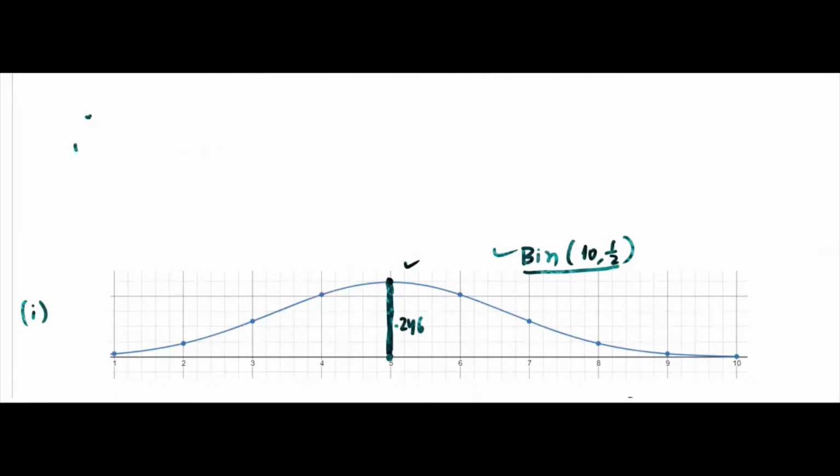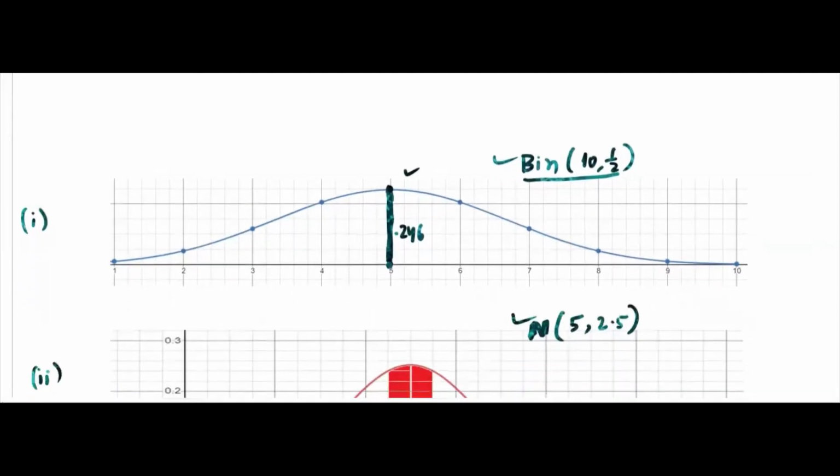There are no gaps. But coming to this one, this was given and we want to use normal distribution here. So from binomial, when you use normal, we need continuity correction.